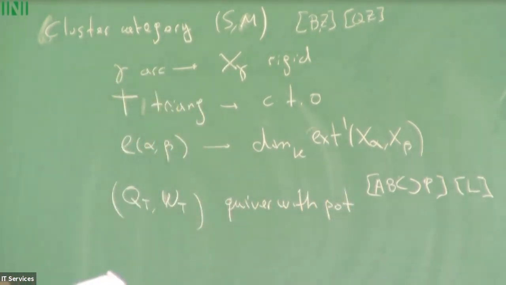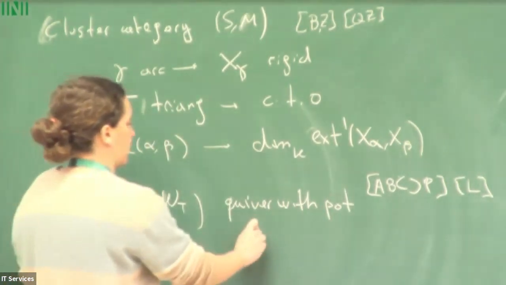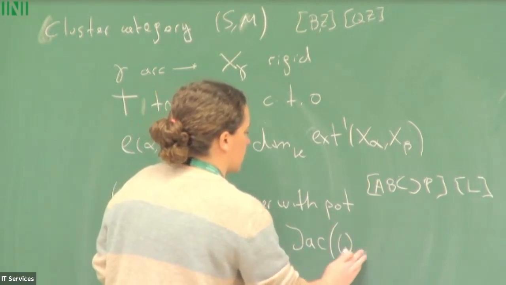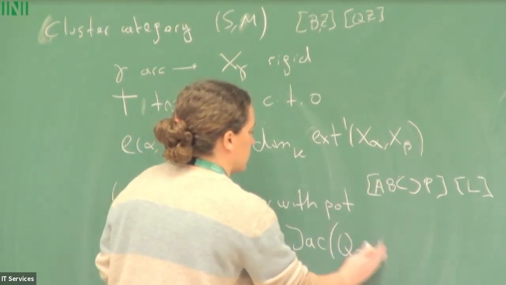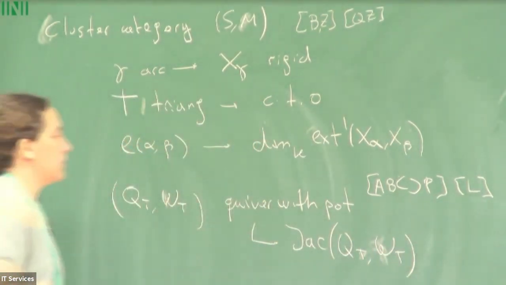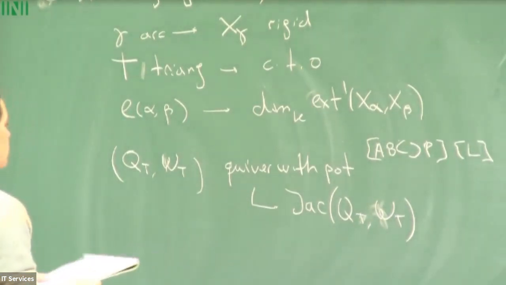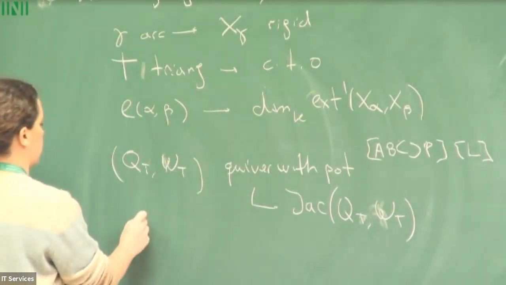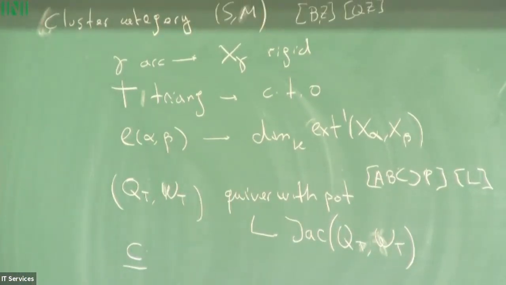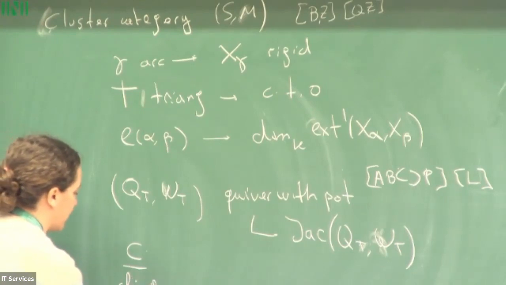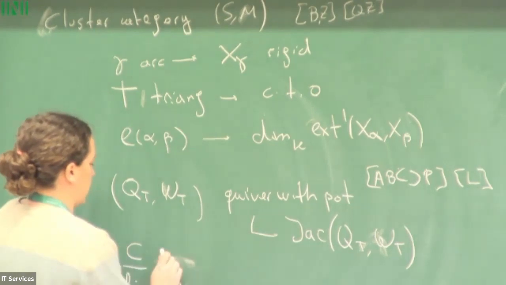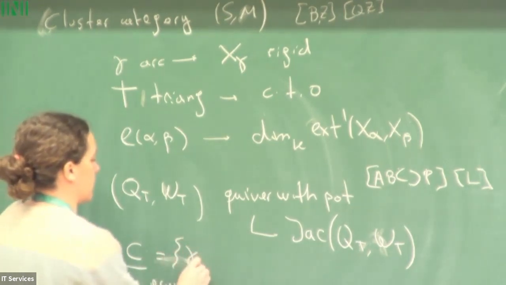Associated to the triangulation on the surface, you can build the Jacobian algebra for it. And in this setting, I want to say, okay, if you see a diagram in your surface, I want you to say this is a bunch of arcs or generalized arcs.